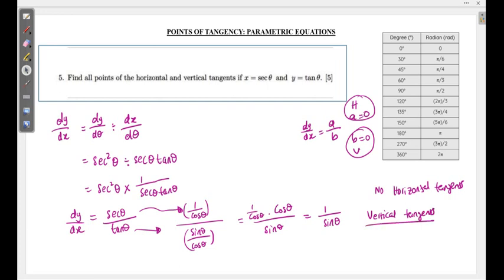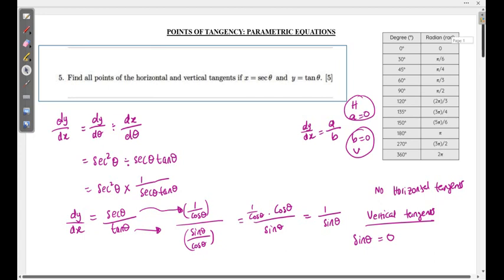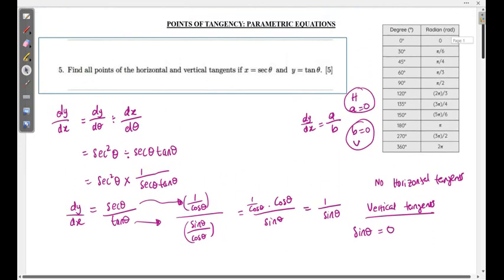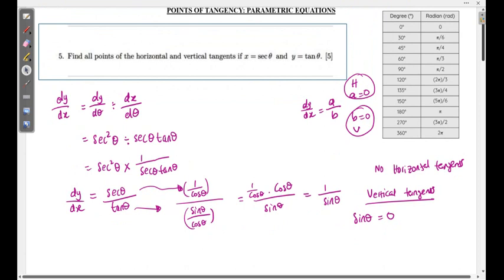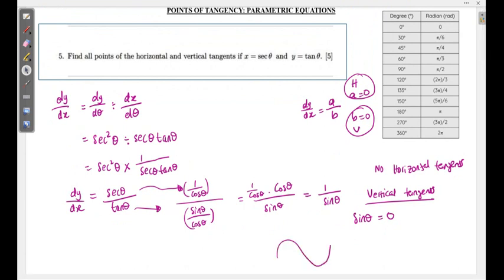So we shall say sine theta, we equate that to 0. Now where is sine theta equal to 0? If we can remember the original graph of sine, how does it look? We're just going to focus on the mother graph. Let me write it here.